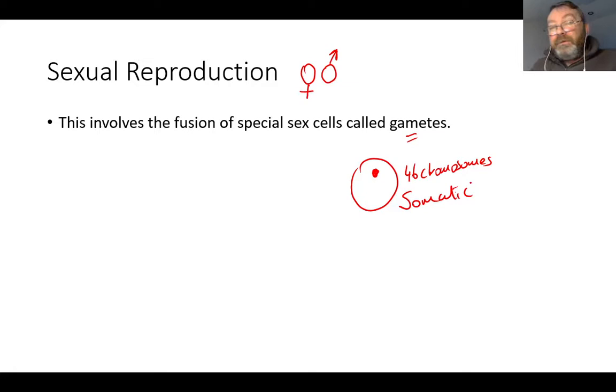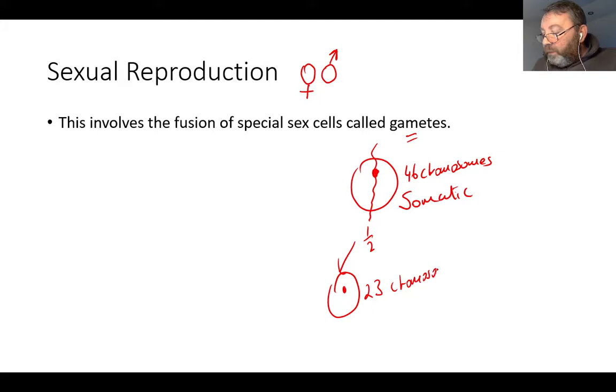Now, they're normal what we call somatic cells. But what happens for the specialized gametes is that these normal somatic cells with 46 chromosomes break in half and give cells that only contain 23 chromosomes, which means only half your genetic code is in a gamete. Now, if only half of your genetic code is in a gamete, then that gamete by itself is of no use.